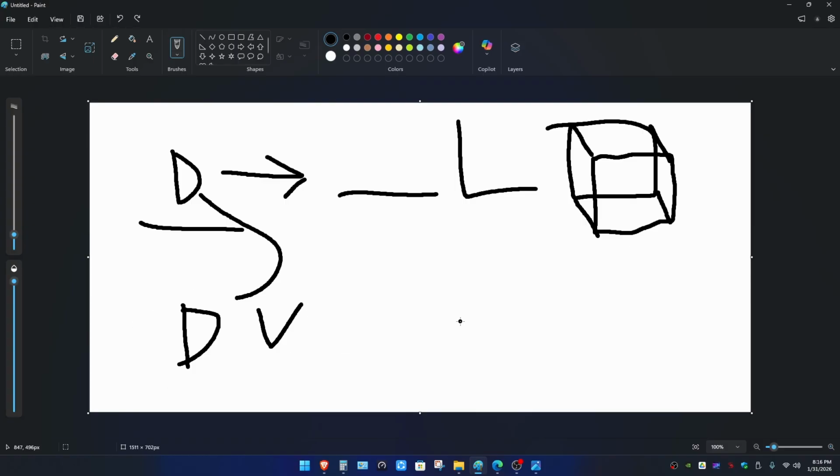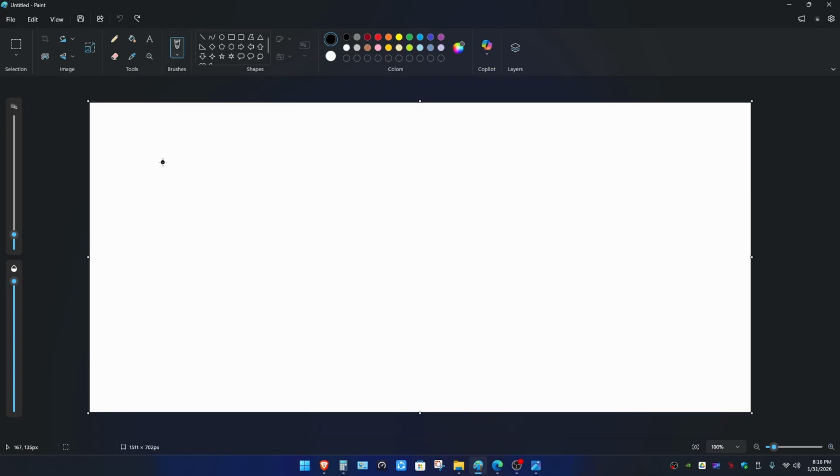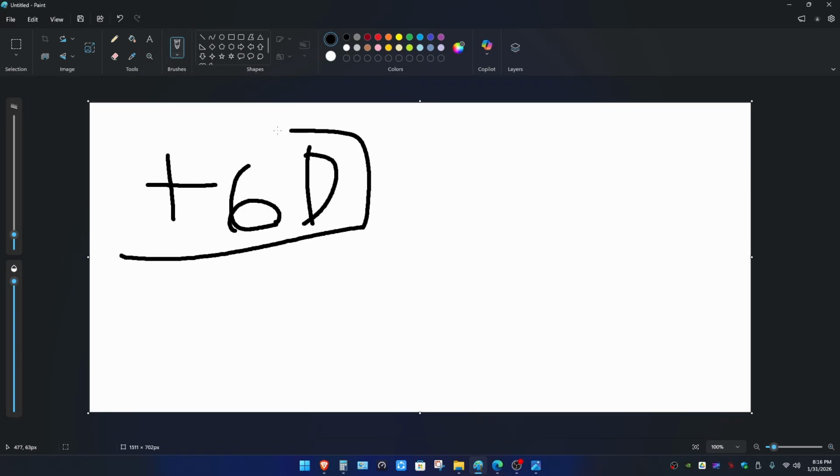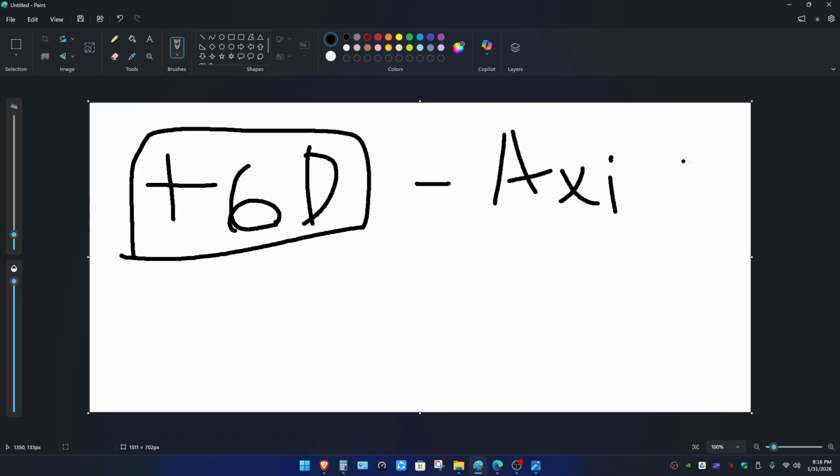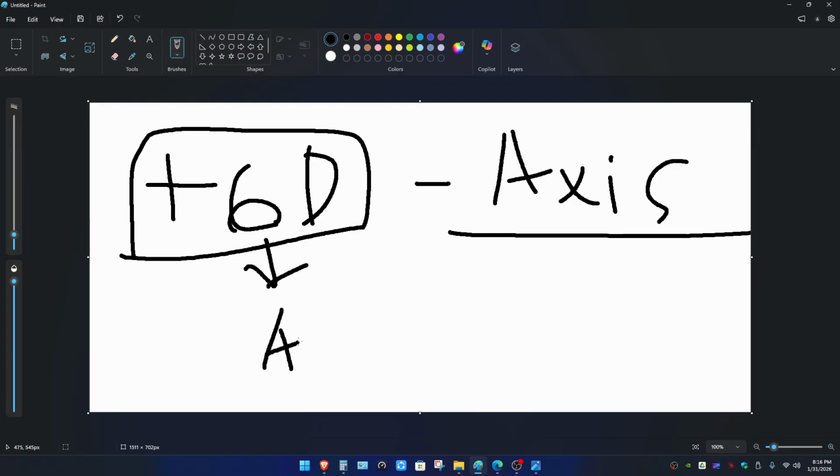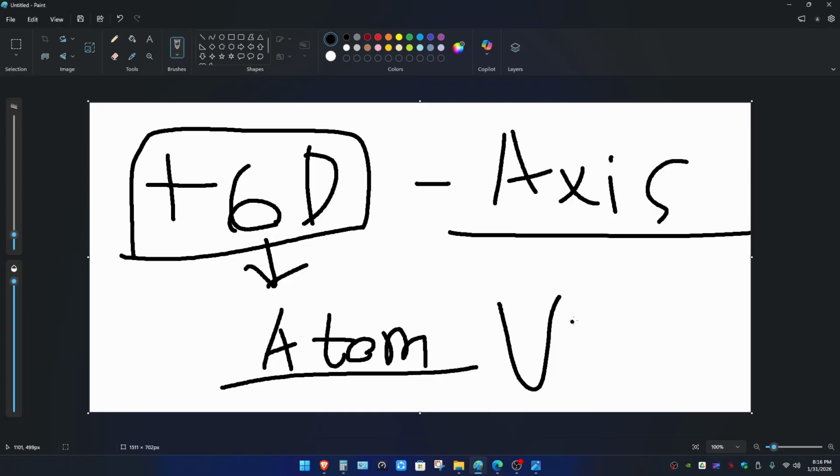So in my CKDM 6D, when I talk about dimension, I am not talking about axis, I'm talking about the characteristics of the atom. The reason we can see the different variants of the human body is because this is the only thing that the measurement device can actually detect, a vibration of a certain frequency.